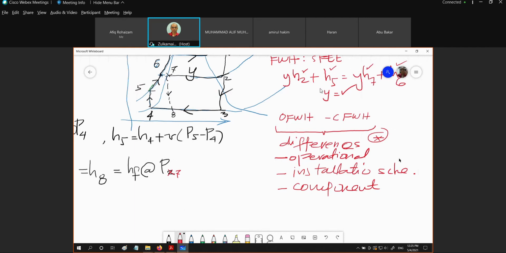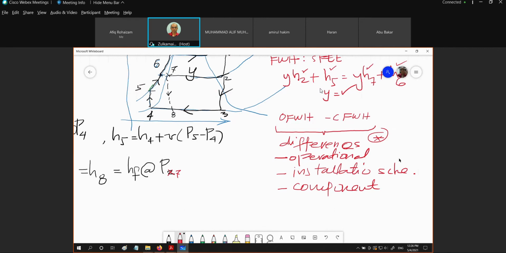One is direct mixing, another is indirect mixing. For the installation in the schematic diagram, where and how do we install it, and the extra component needed for each type.